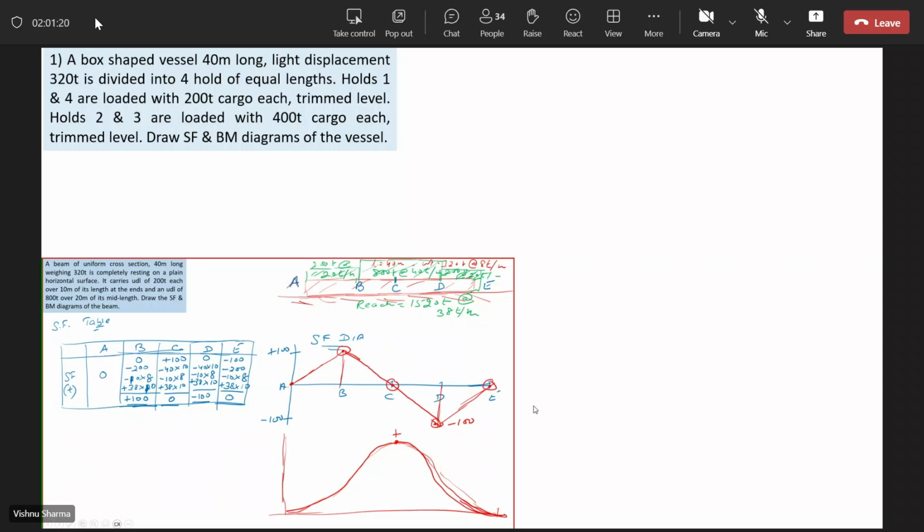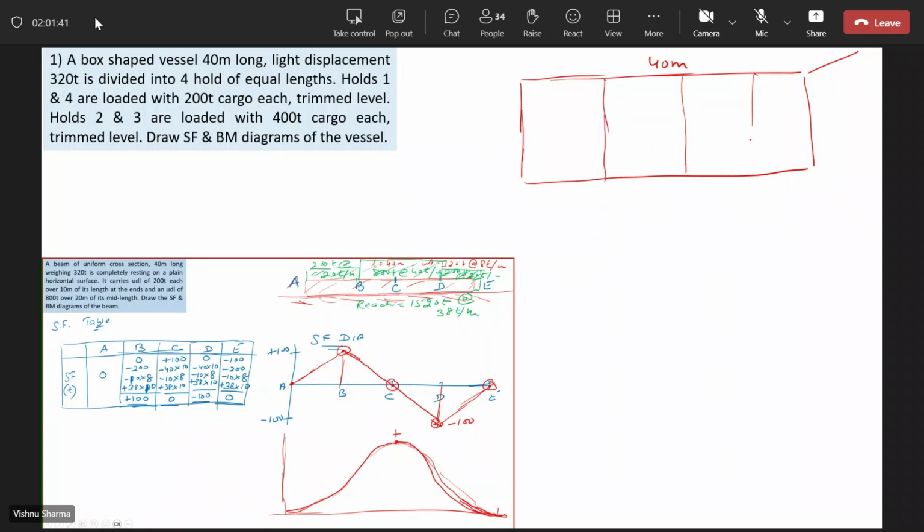Draw the SFBM diagram. If I make this ship, the diagram will look like this. This is the box-shaped vessel, 40 meter in length. When you divide it into 4 holds of equal length, each will be 10 meter long. Its light displacement is 320 tons.